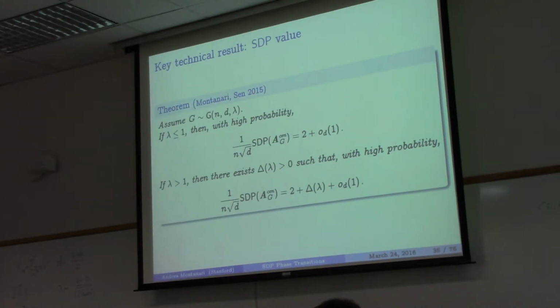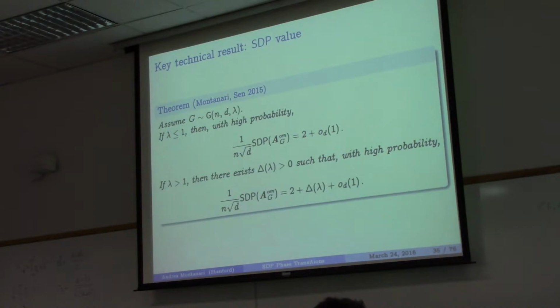Now we said before that this is of order log n over log log n. So this is very bad. But the SDP instead behaves very nicely. It's 2 square root of d. So this is what you would get if the graph was regular, roughly, with degree d.